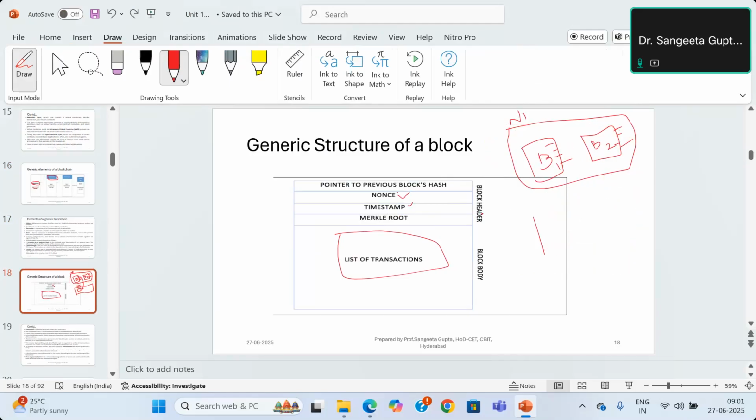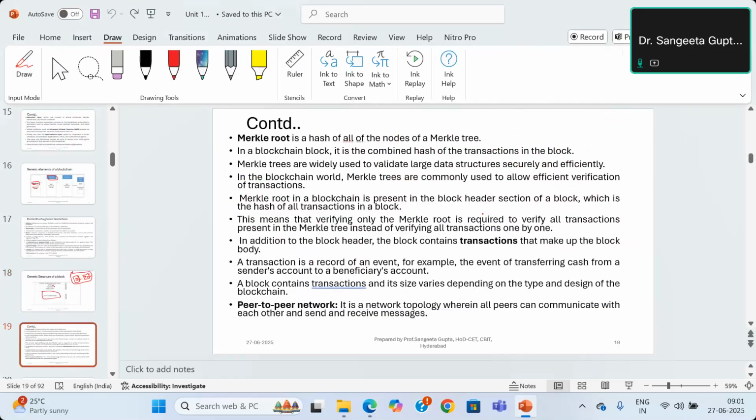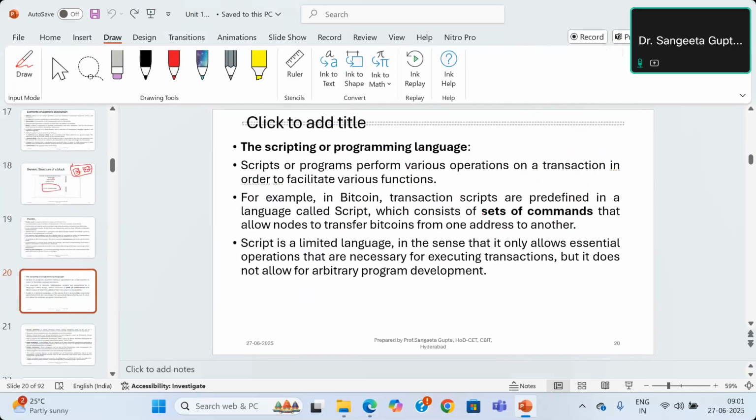Now moving further with the other details of blocks. In addition to these details, the language that you need to use in order to make the transactions is essential. If you are using Bitcoin, then the scripting language uses a collection of commands which allows the nodes to transfer Bitcoins.